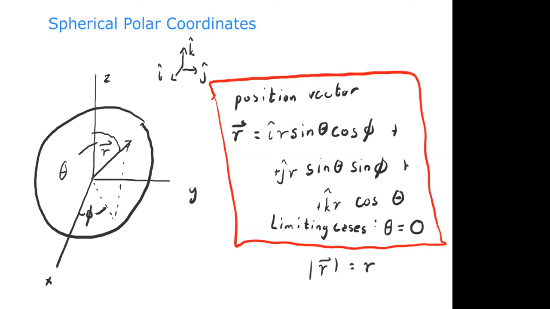Now, I want to pick up really where we left off last time. We know what the differential volume element in cylindrical polar coordinates is.